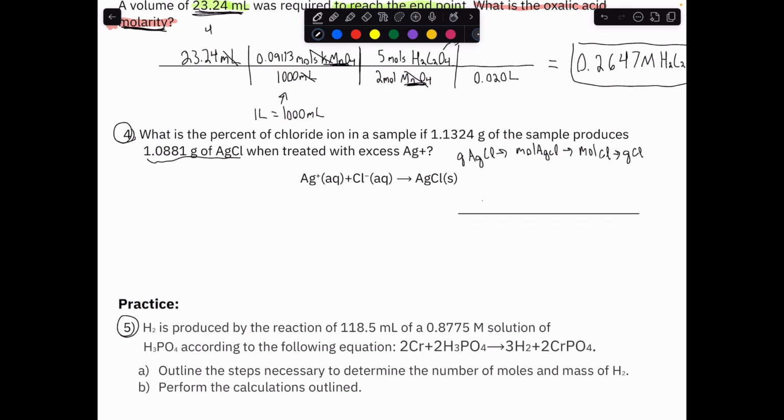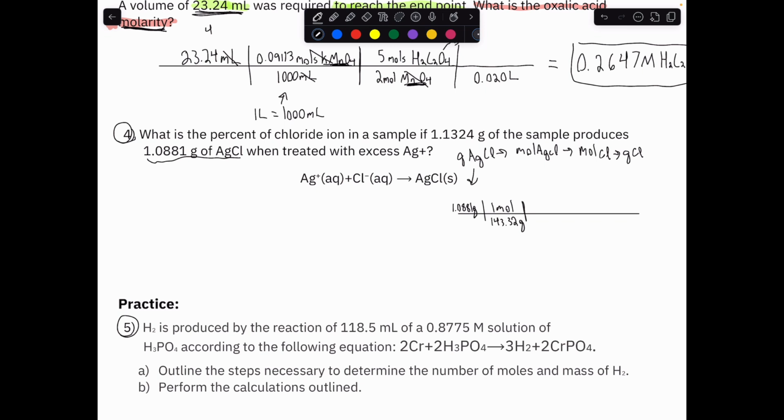And I'm going to start by saying 1.0881 grams of our AgCl. Now, AgCl, I believe the molar mass is 143.32 grams per 1 mole.